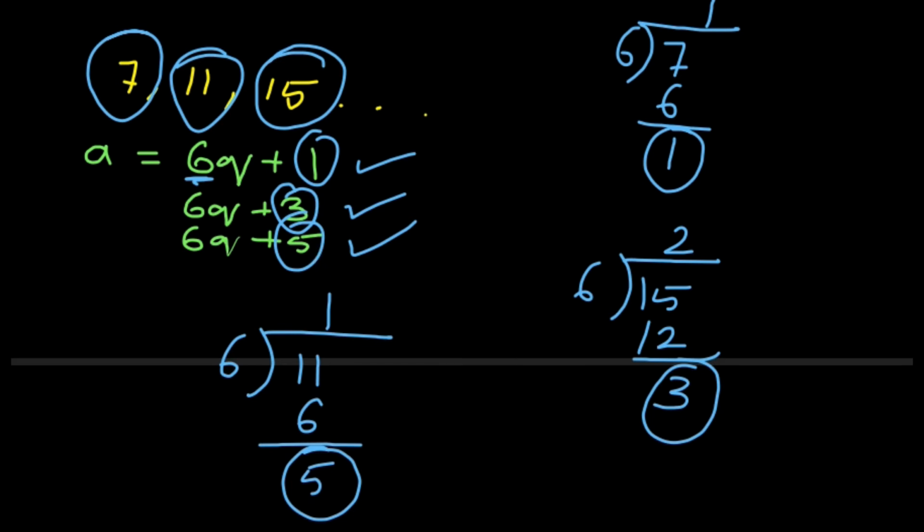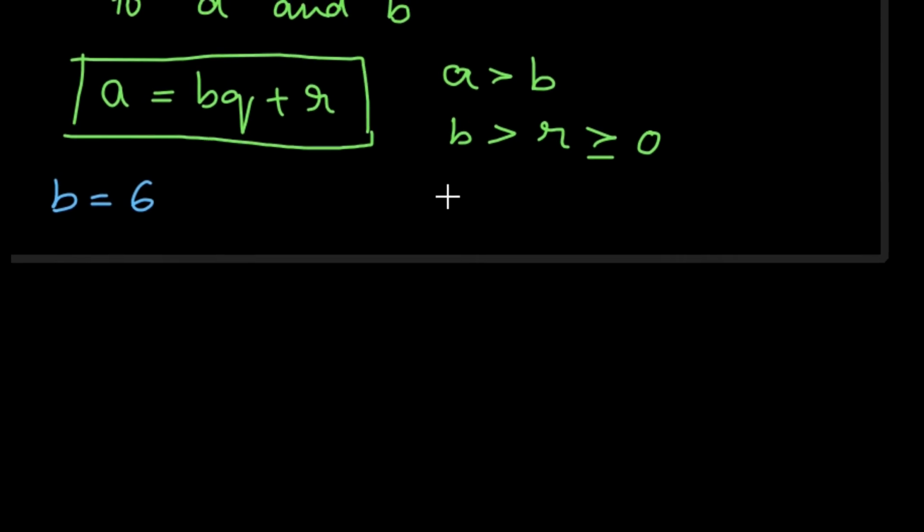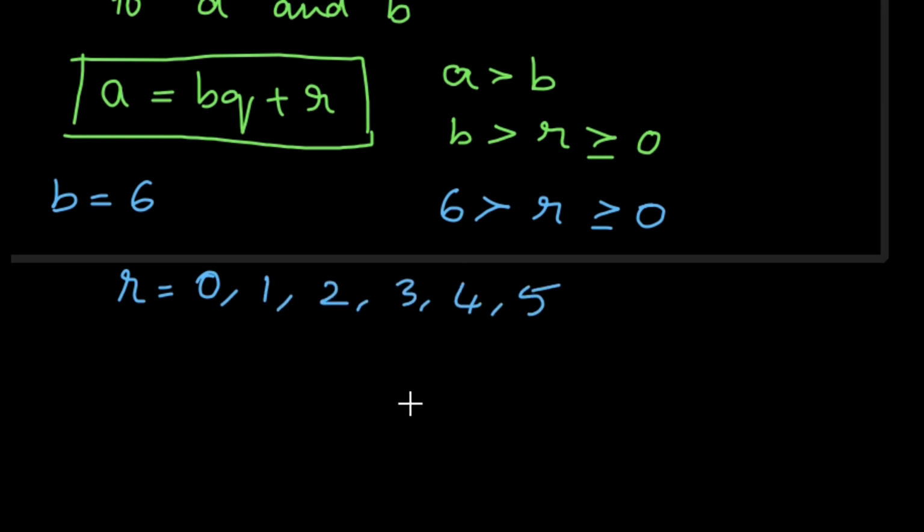ठीक है, वो हम कैसे करेंगे? बाय अप्लाइंग यूक्लिड डिविजन लेमा टू ए एंड बी. ए इक्वल्स bq plus r वेर a is greater than b, b is greater than r is greater or equal to 0. यहाँ पे b is equal to 6. अगर b is equal to 6 then r is less than 6, greater or equal to 0, मतलब r is in between 0 and 6. r की वैल्यू 0, 1, 2, 3, 4, 5 तक हो सकती है.